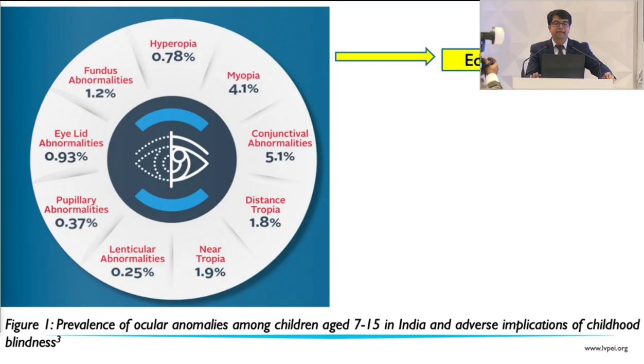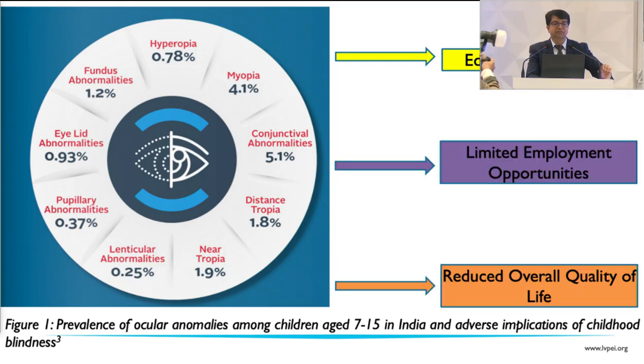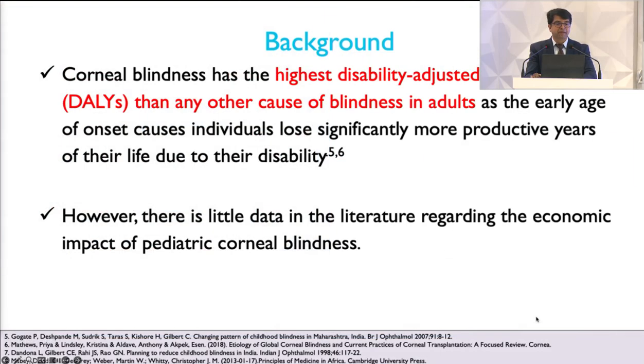Based on some of the studies, there are various prevalences and etiological causes of childhood blindness. It not only directly impacts the child's education, eventually they have limited employment opportunities and an overall reduced quality of life.